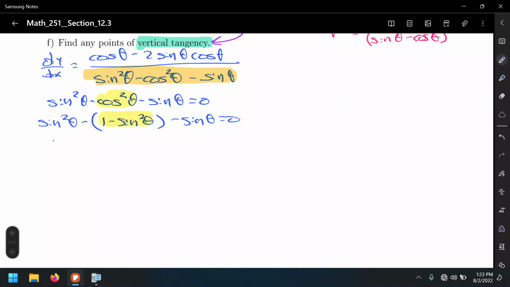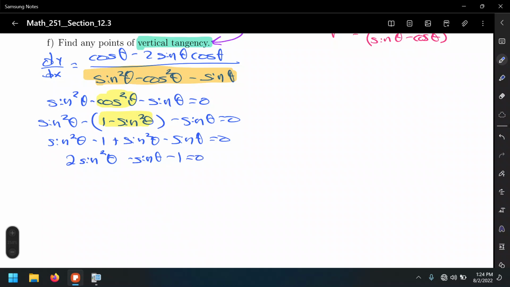So that's going to be sine squared theta minus 1 plus sine squared minus sine. And combining like terms, notice the sine squared, we have two of them, and we can also write this in terms of a quadratic equation. That'll be 2 times sine squared theta minus sine theta minus 1 equals 0.